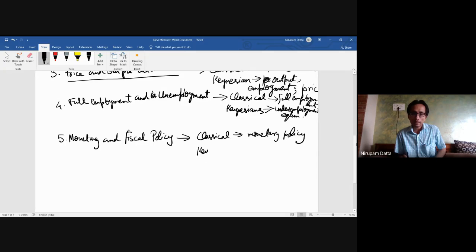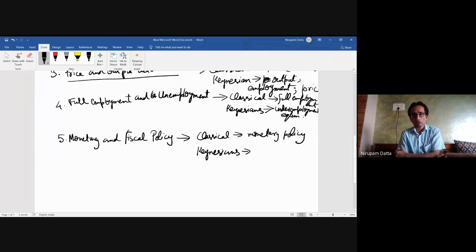Whereas the Keynesians, if you remember Keynes' speculative theory of demand for money, say the economy reaches a liquidity trap level where the demand for money is infinitely elastic. So whatever money supply is made in the economy will be scooped up by the people in the form of speculative balances, and it will not create any additional effective demand in the economy.